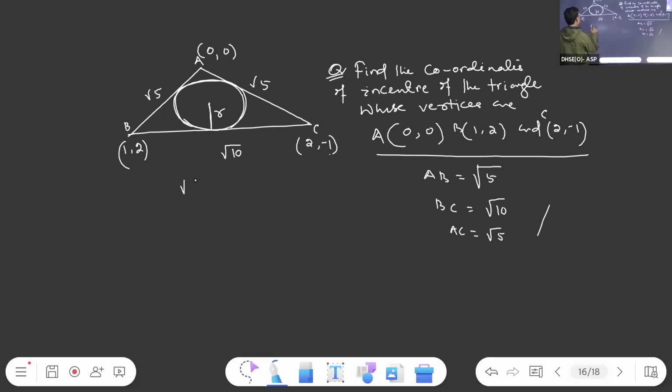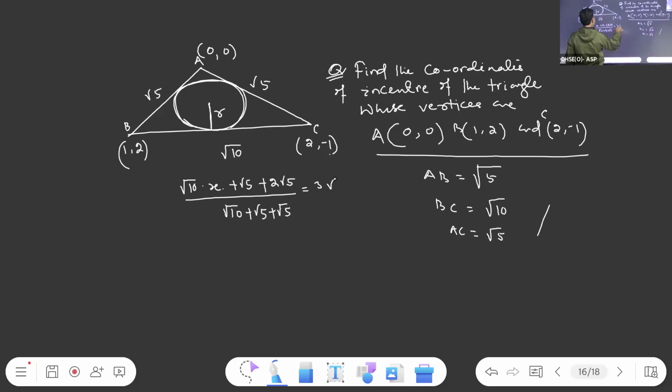So √10 into 0, plus √5 into 1, plus √5 into 2, divided by √10 plus √5 plus √5.